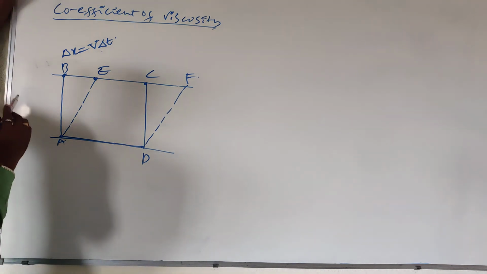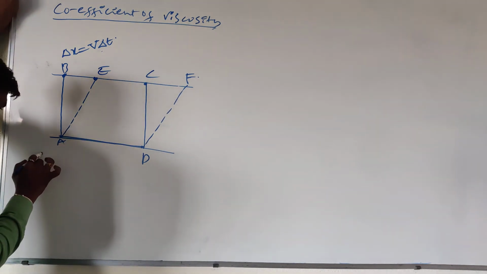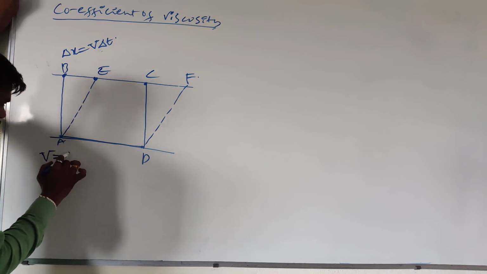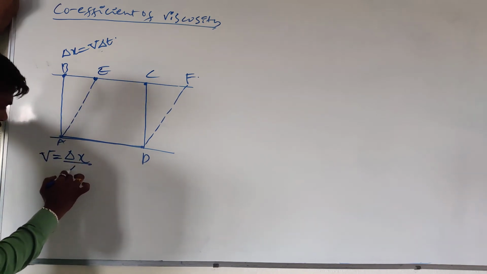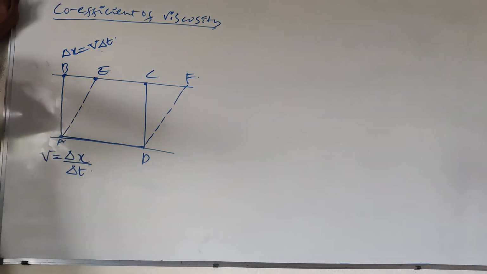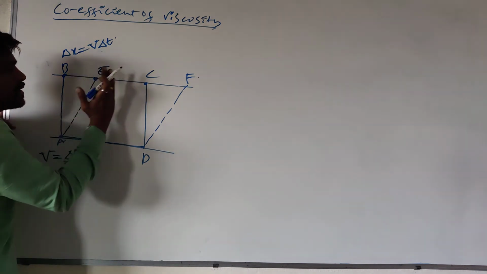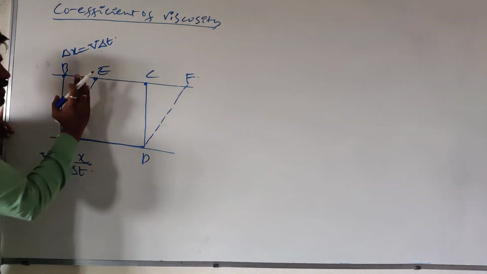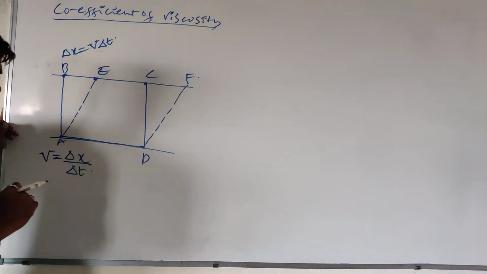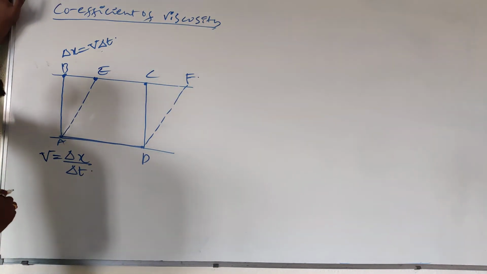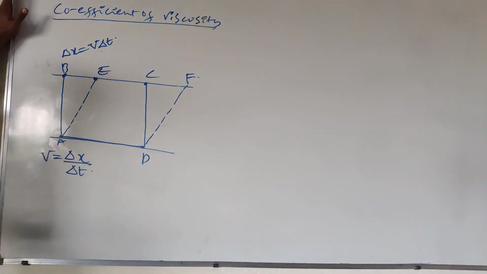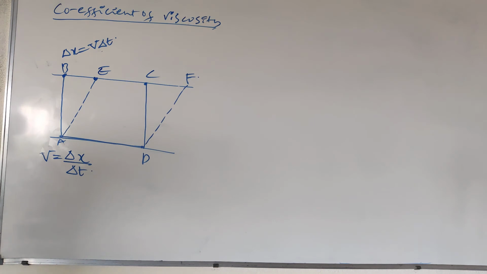So here we got V is equal to del x divided by del t. See, here our shearing strain is continuously going. Here shearing strain increases continuously in this liquid, right?